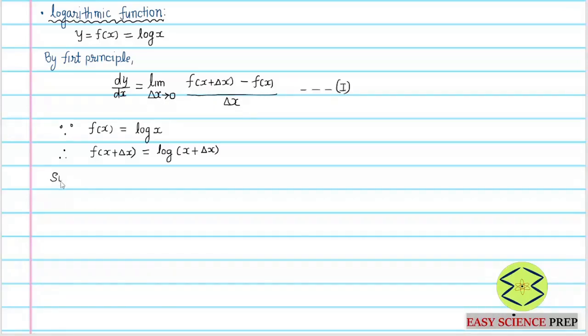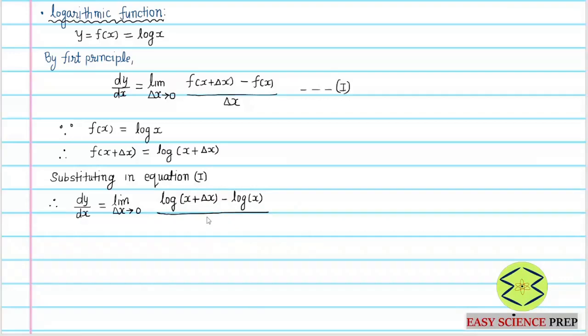So substituting equation 1, the derivative dy over dx of the function would be limit delta x tends to 0 of log of x plus delta x minus log of x, divided by delta x.